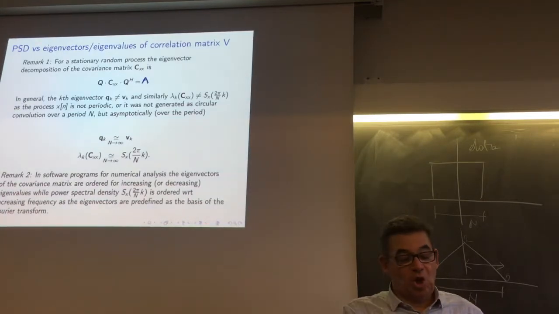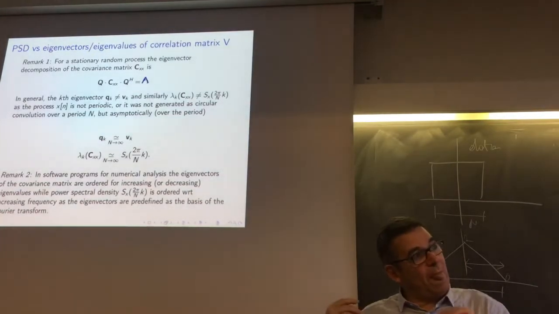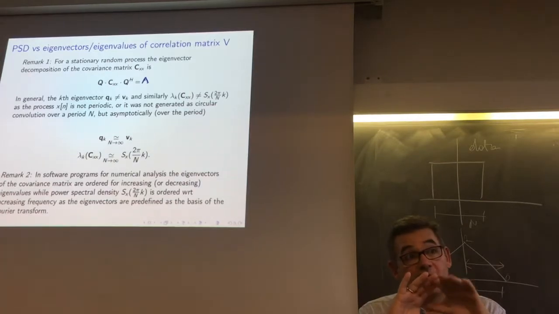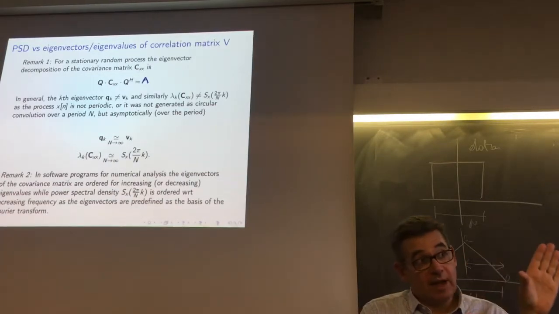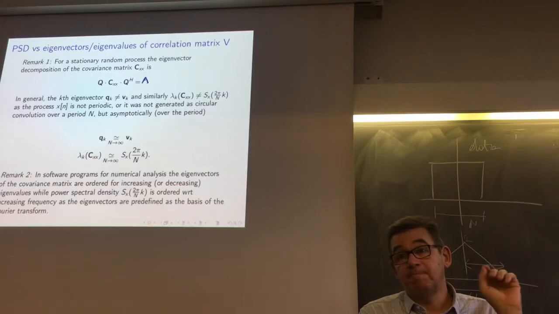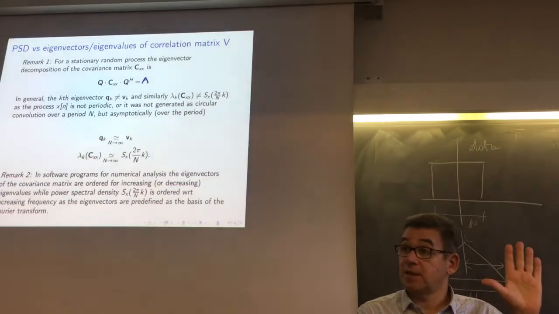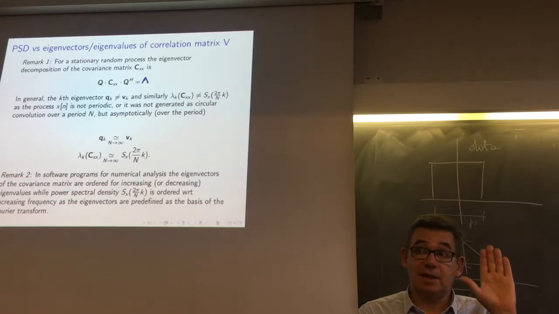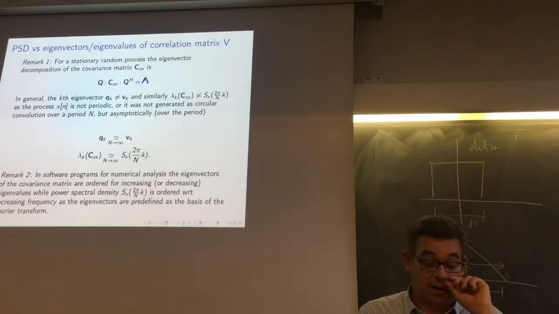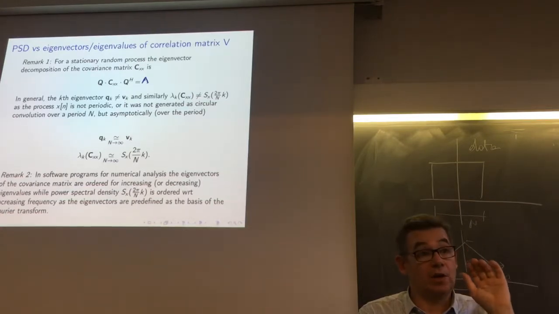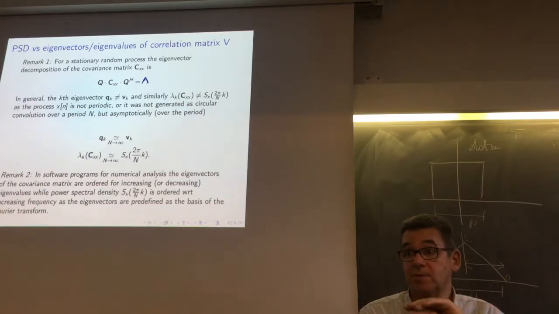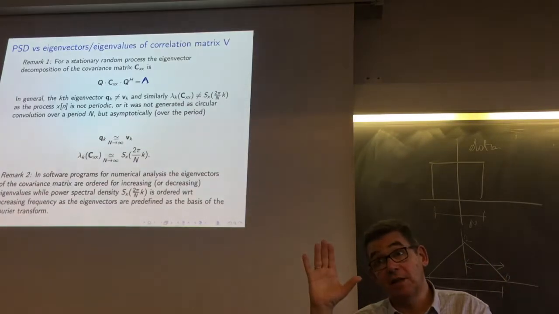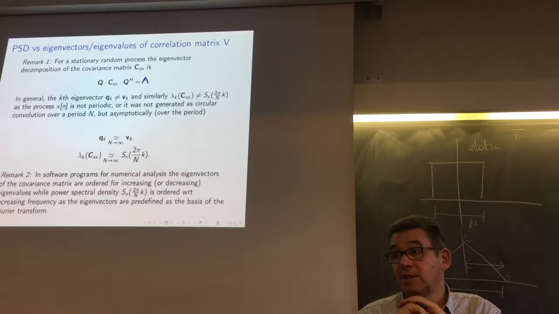So far, we have on one side the covariance matrix, which is the matrix that we get by calculating the correlation property of a set of samples. On the other side, we have the power spectral density.